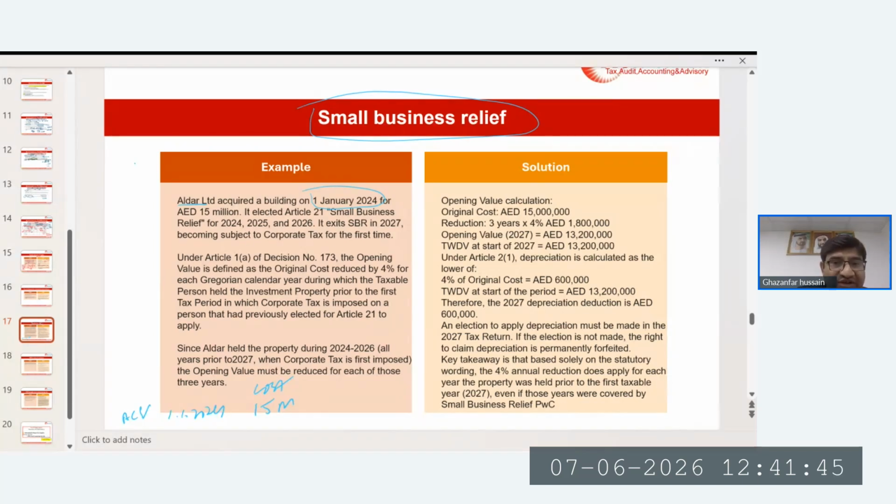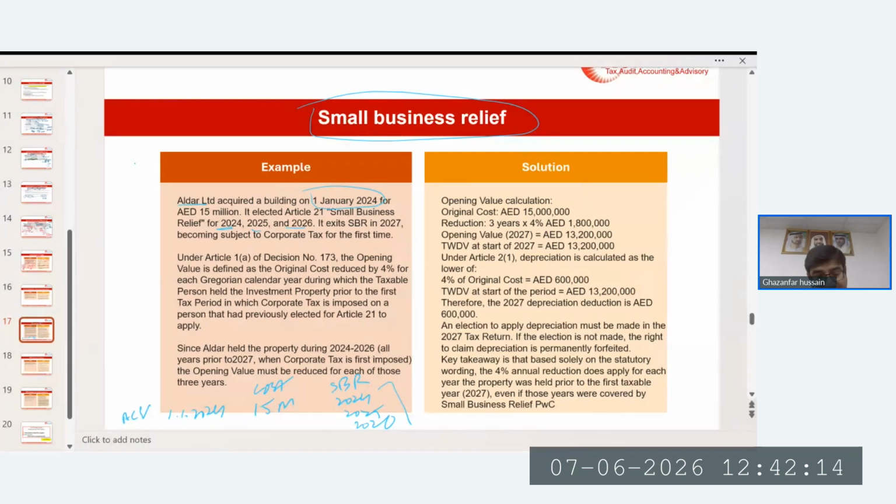So now they said they elected Article 21, small business relief. Okay. So now the next is the SBR. 2024, yes, they applied. Then 2025 also they applied. Then 2026 is also applied. So these 3 years, they applied the calculation.